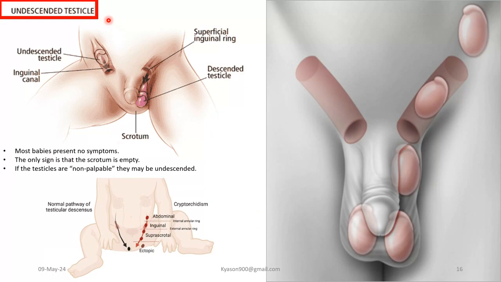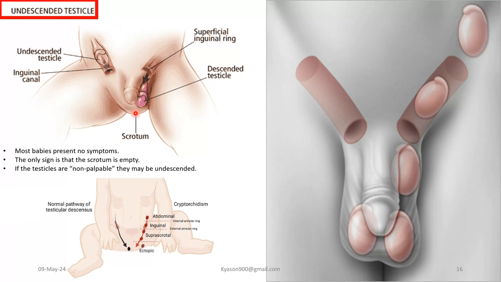This is called cryptorchidism. We've seen that the testicles normally have to descend down into the scrotum. What makes them descend is the fetal testosterone hormones, and there are some growth factors also that will aid in the descent.